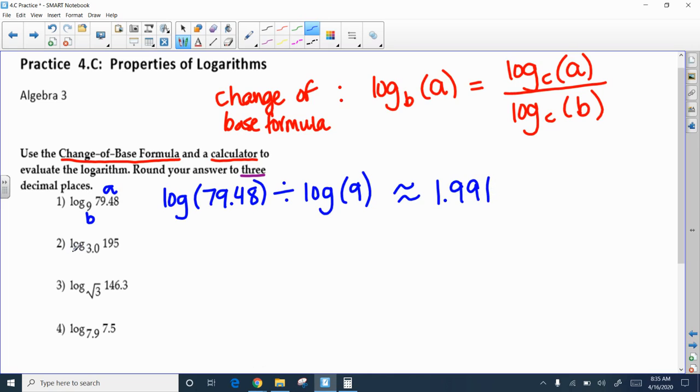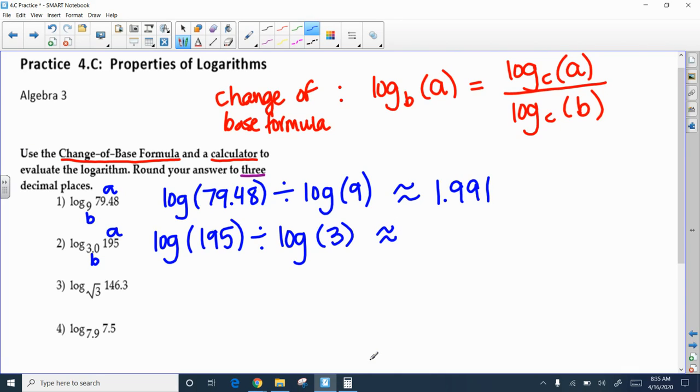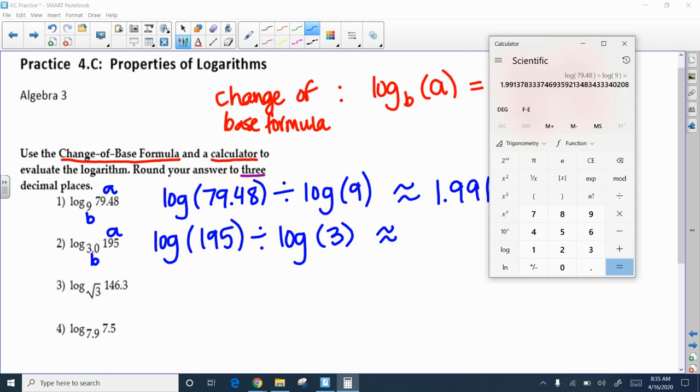Okay, next one is in the form log base b of a. So to evaluate that, I have to do log of a, so log of 195, divided by log of b, which is log of 3. Again, enter that on our calculator. 195 log divided by 3 log equals, now this I get 4.799.